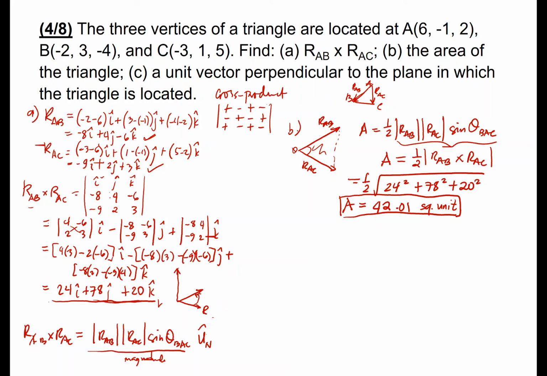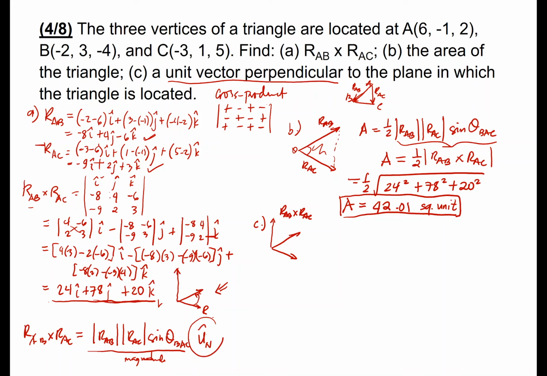Now for your C, we're looking at the unit vector perpendicular to the plane in which the triangle is located. If you remember this case, you have the two sides, and the answer is RAB cross RAC. What we're asking here, the unit vector perpendicular to the plane, is the un.